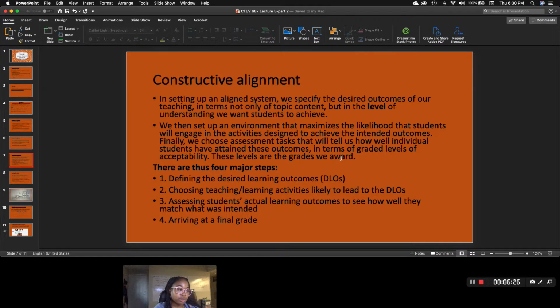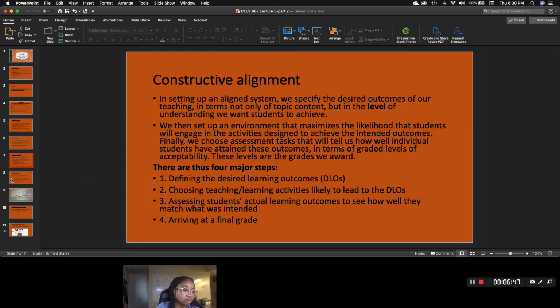So their outcomes should match your desired learning outcomes in objective form, and they should be able to relate to your performance goals and also the student learning outcome goals in a way that results in a final grade that reflects everything that they were supposed to do.